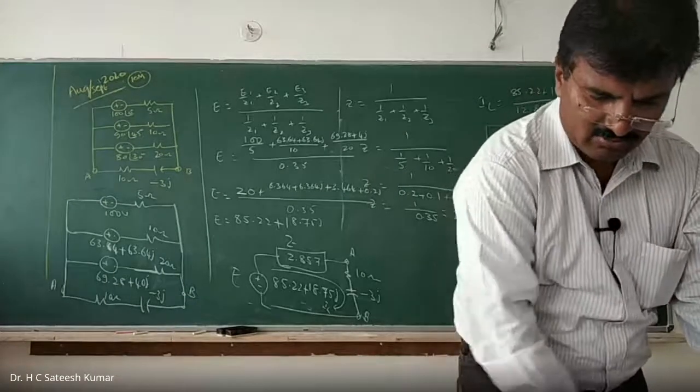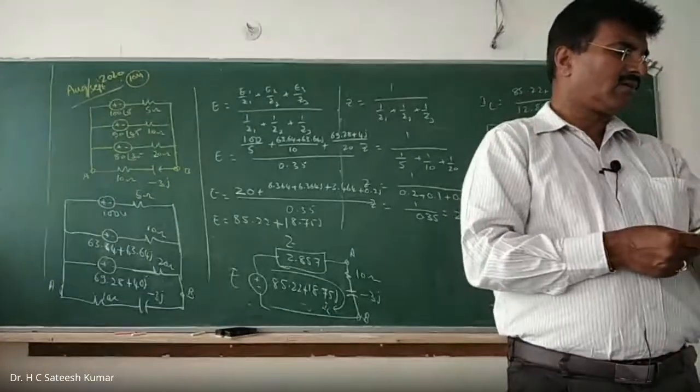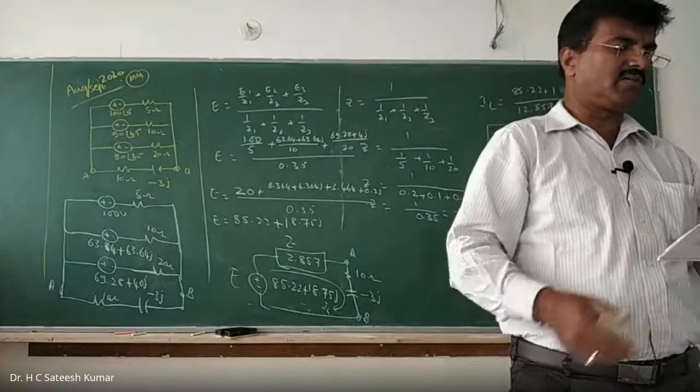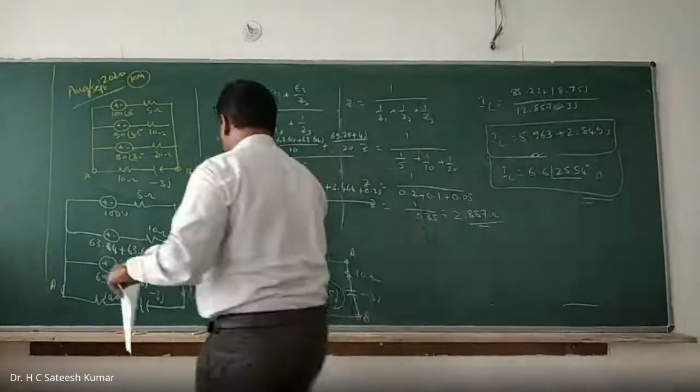So next we shall move on to January 2019. What are they asking? Yeah, same kind of problem we have here. Once again, this value is complex.